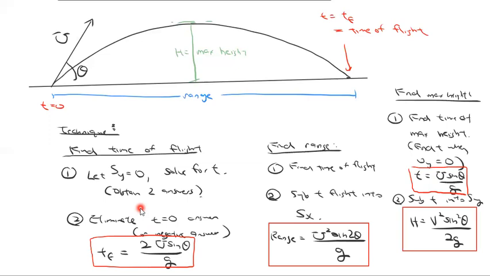So it's very, very important that you do know exactly how to find any of these things for given numbers, focusing on the steps. So not the formulas, but the steps. Because these are very standard questions that you need to be able to do for projectile motion. They're extremely standard.